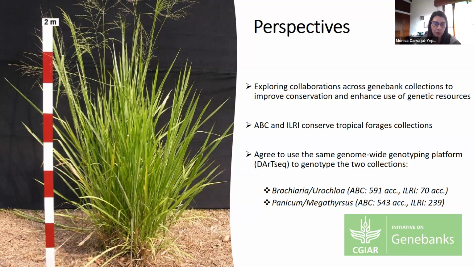We have some common species that we conserve. We both agreed to use the same genome-wide genotyping platform, and we are going to work in a similar way as we did with IITA to understand the Brachiaria, also known as Urochloa, and the Panicum, also known as Megathyrsus, collections that the two institutions conserve.